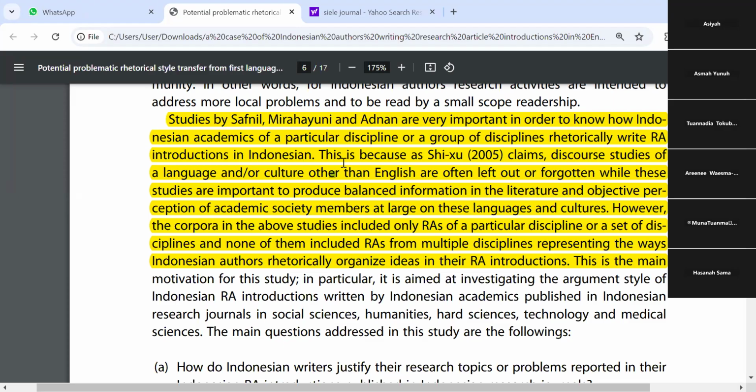The first research gap is that previous studies investigated articles written in English. The second is that previous studies investigated a particular discipline or set of disciplines. None investigated multiple disciplines. This was written in 2015 and published in 2016, so at that time there were not many studies about this topic yet.